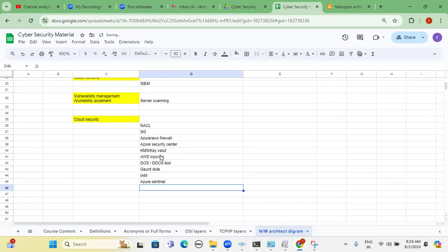So there are so many services. These are all a mixture of both Amazon Web Services and Azure.